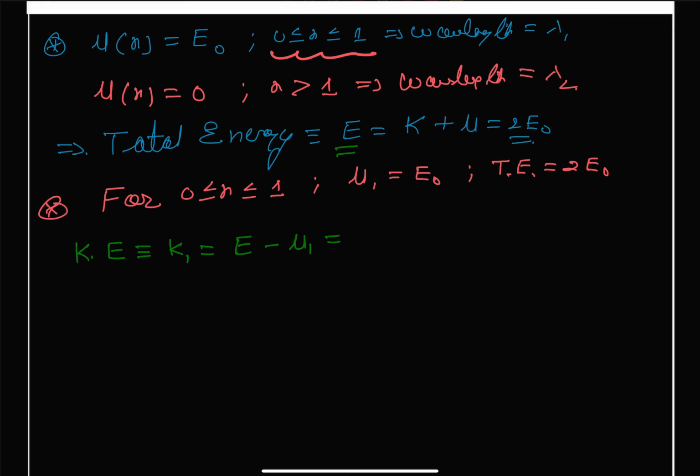So K1 will be equal to twice E naught minus E naught, giving us that the kinetic energy for the first case is equal to E naught.